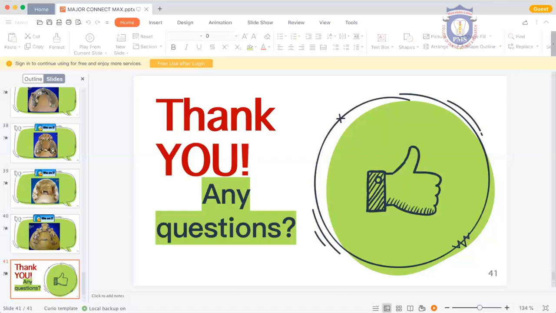So we have to choose a major connector which is suitable depending upon the situation we have.